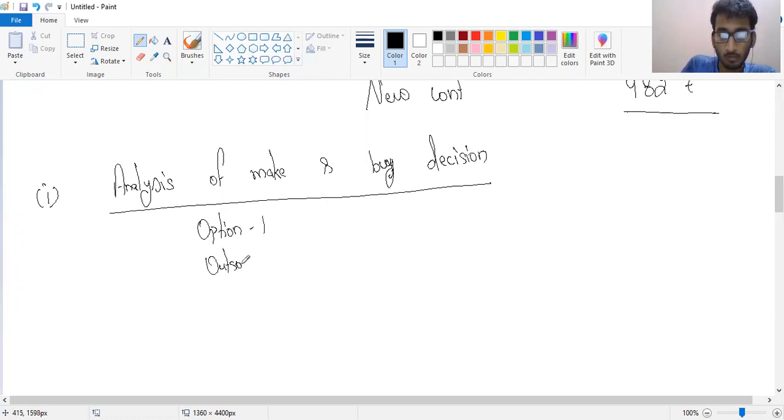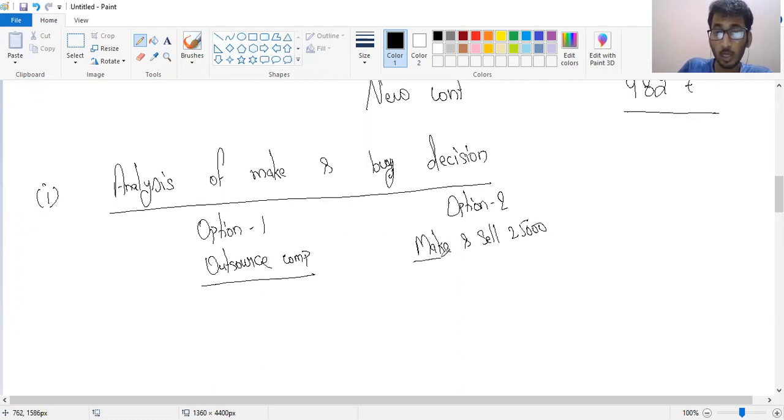What is the first option? Outsource the component. So option one is to outsource the component. Option two is make and sell 25,000. If I make and sell 25,000, I do not need to reduce my selling price.